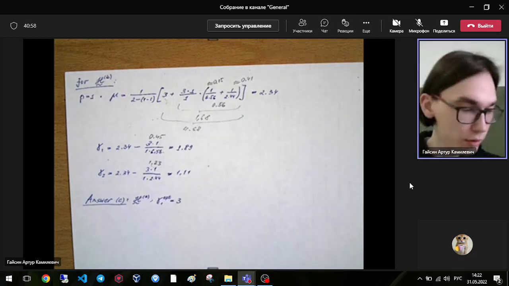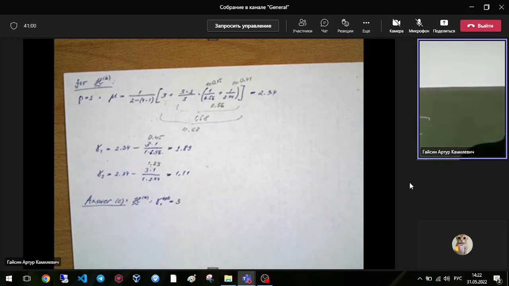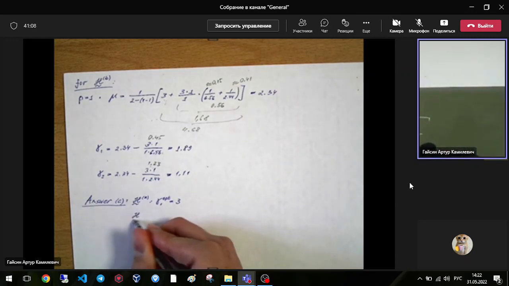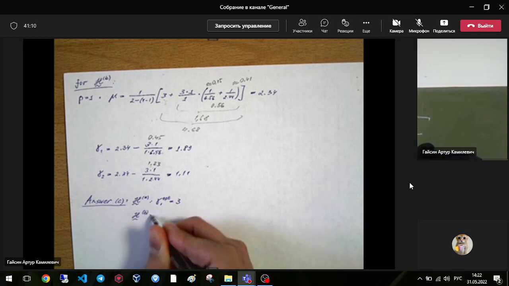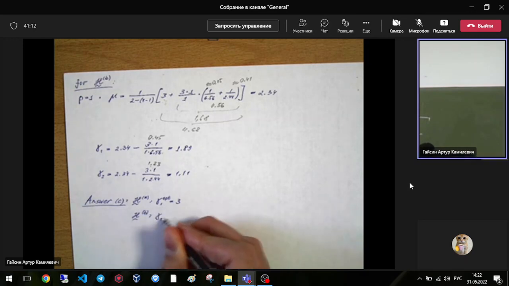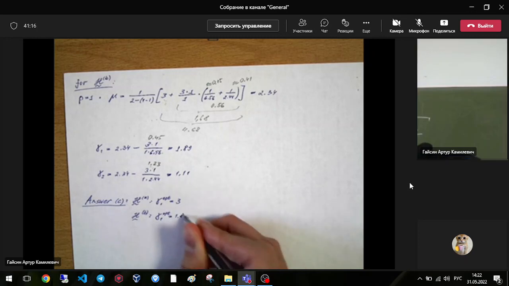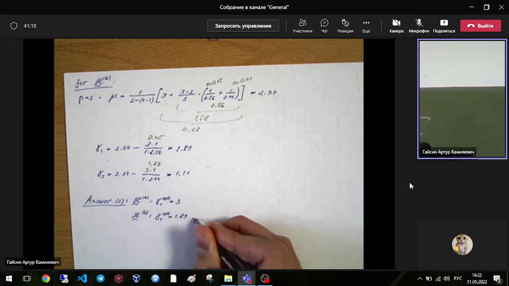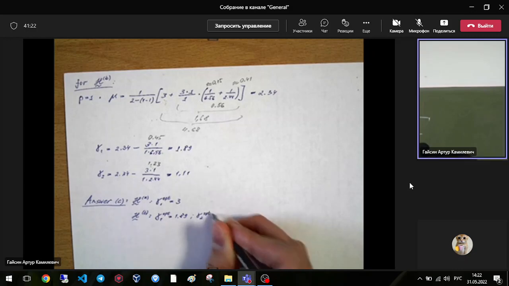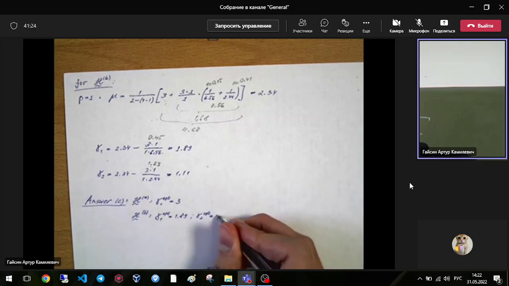And for channel HB, we have first omega 1 opt is equal to 1.89, and omega 2 opt is equal to 1.11.